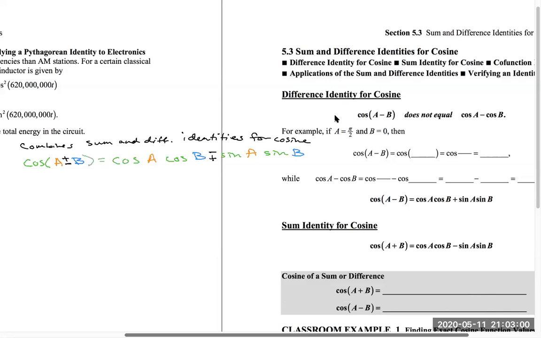Okay, now before I get too far, I'm going to go ahead and combine the sum and difference identities for sine as well.